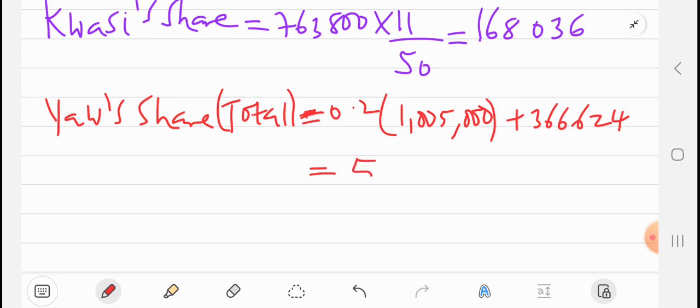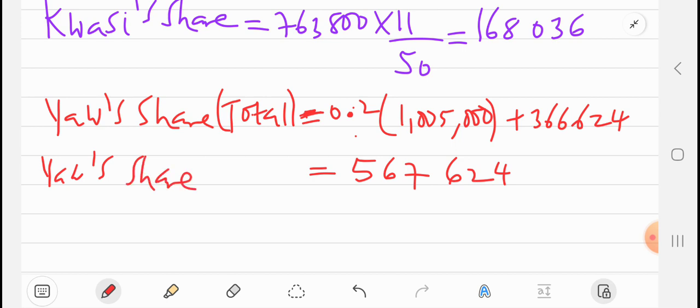And that is 567,624. So for Yo, we've taken therefore the 20% of the profits plus the result we got from the ratio. Okay, so this is the total. So in other words, this one is Yo's share, and it is the total.